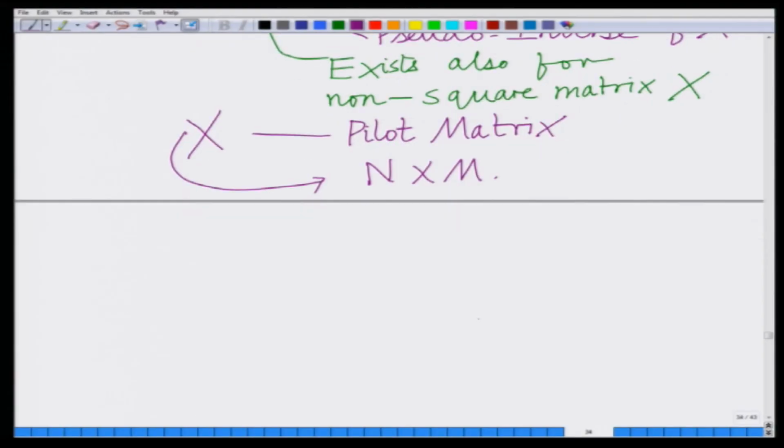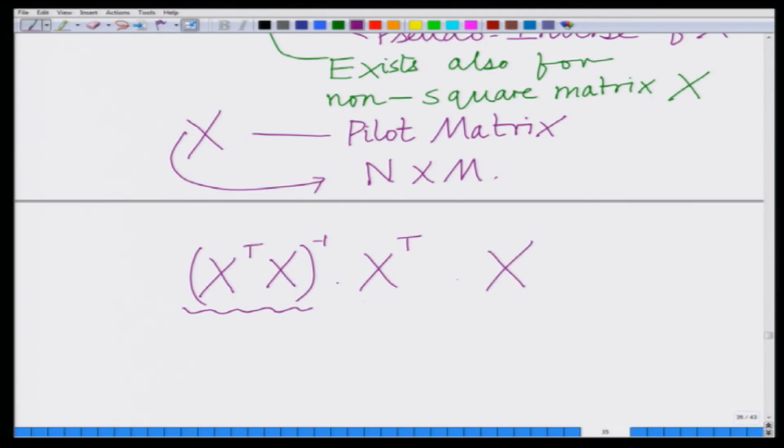So, we can consider the case where n is strictly greater than m. What we are going to show now is, if you look at the matrix X transpose X inverse X transpose times the matrix X, where X is the pilot matrix, we have X transpose X inverse times X transpose X. Therefore, this is equal to the identity matrix.